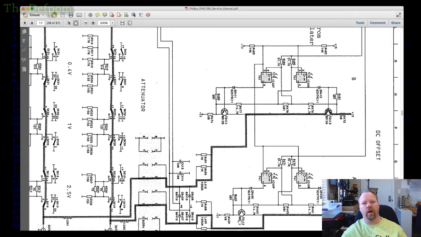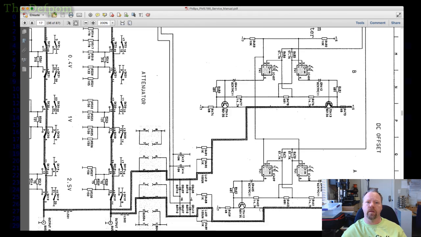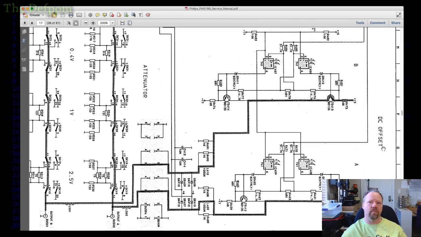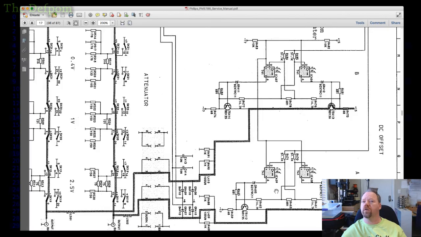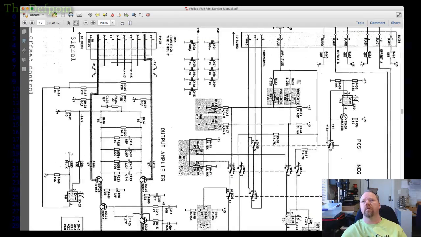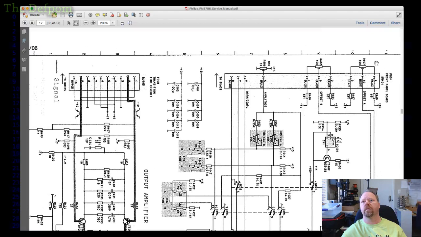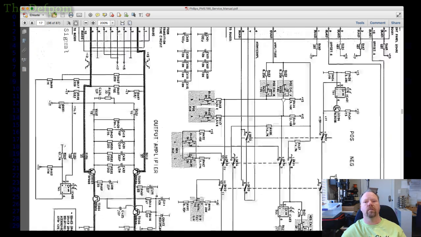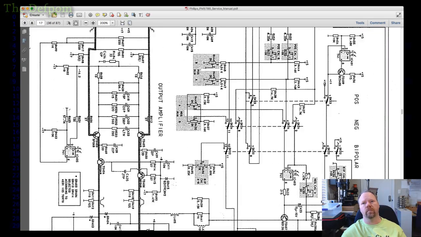BD136, BD135. Now there is a BD135 on there, I've seen that. So this DC offset section, which is curious, is fed from the same source, which comes from up here, which is that 3R offset. We don't have offset with amplitude, which is controlled like this one.